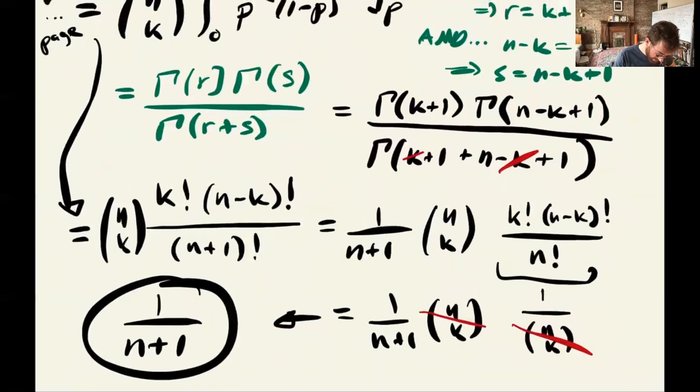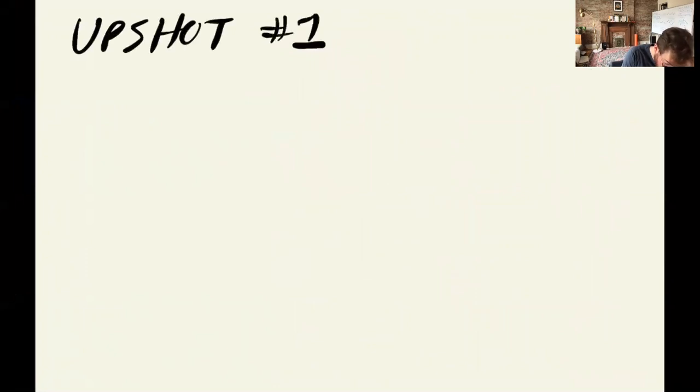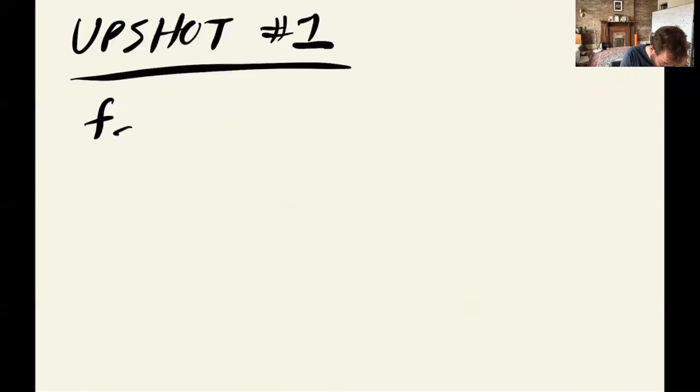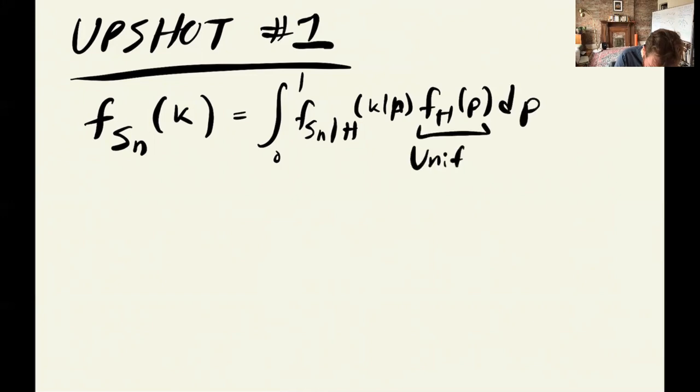So there's two upshots here. The upshot is that if I'm trying to compute the probability distribution for Sn of k, I think of this as integrating out p of the probability that Sn equals k given p, times the PDF for p, where here I'm looking at a uniform on 0 to 1.